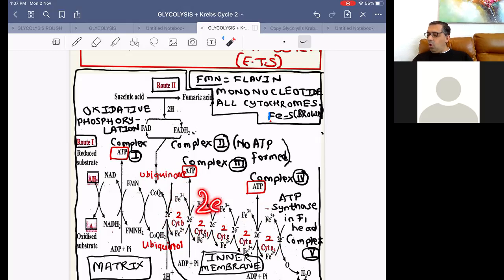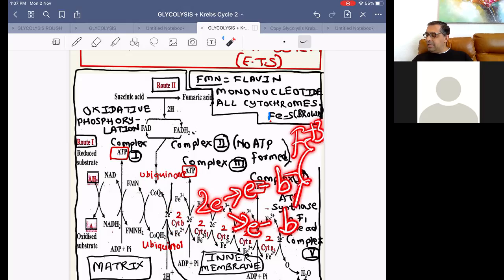Now, what will happen? You have two electrons. One electron will go to one cytochrome B and the other electron will go to another cytochrome B. And by accepting an electron, Fe triple plus will now become Fe double plus.